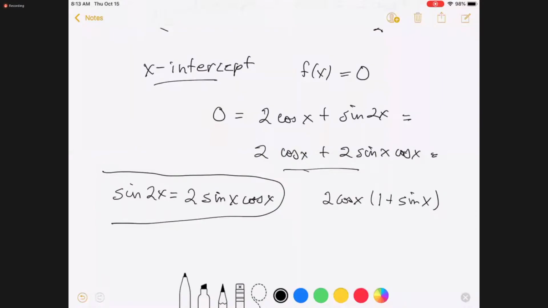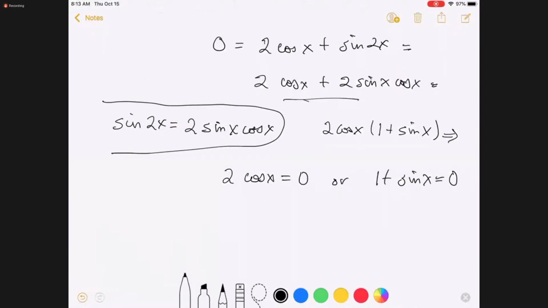Whenever something's equal to 0, you want it written as a product, because that says that either 2 cosine of x is 0 or 1 plus the sine of x is 0. And then solve them individually. So this one says cosine of x is 0.